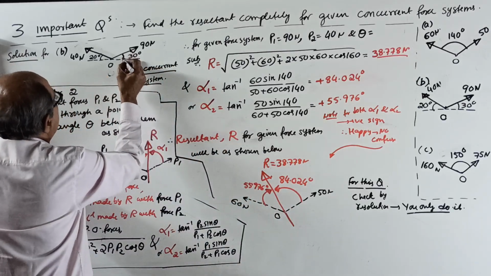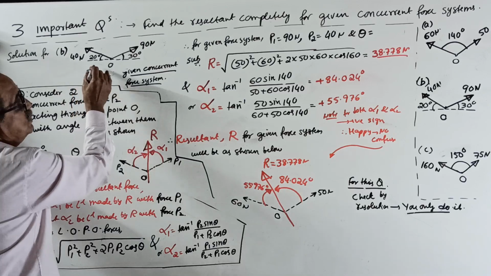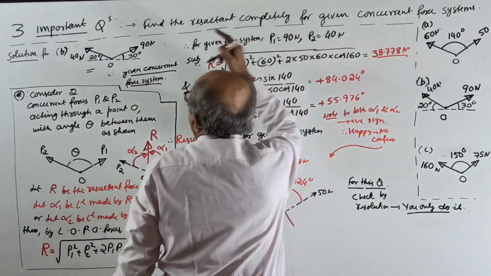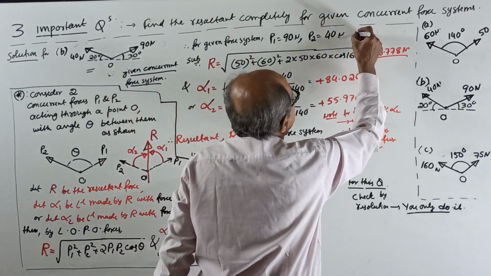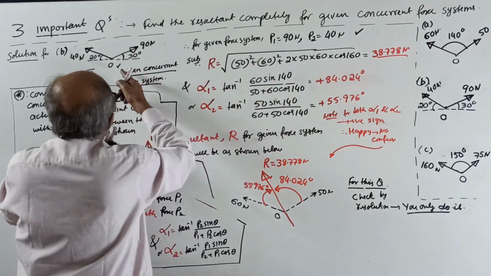This is 30, this is 20. This sketch, you write once again here. Before you write theta, write that sketch once again here. Then do one thing. I am writing here.